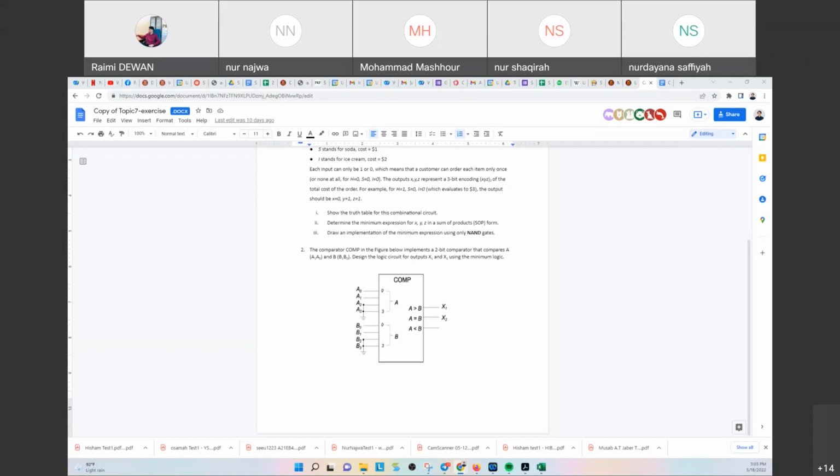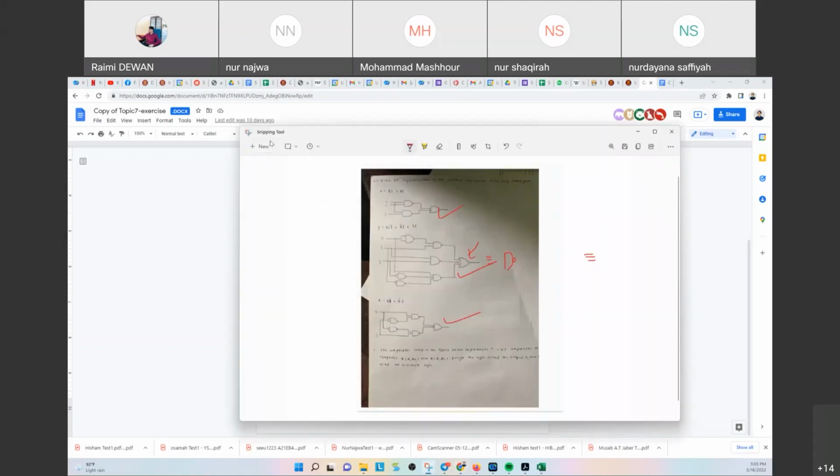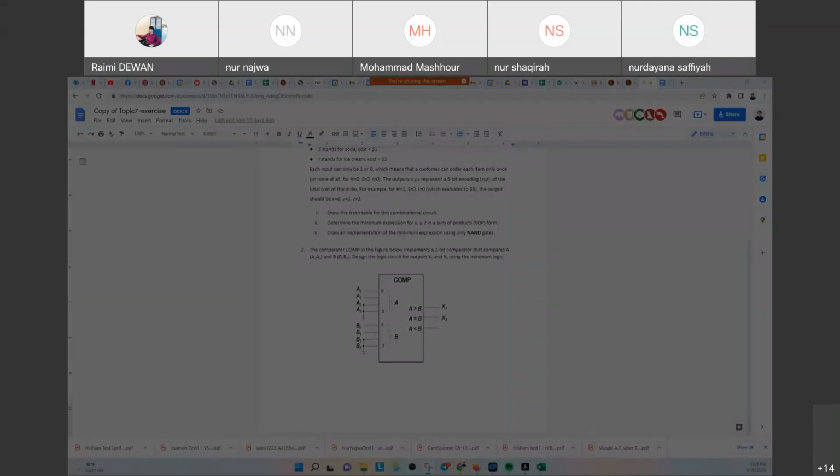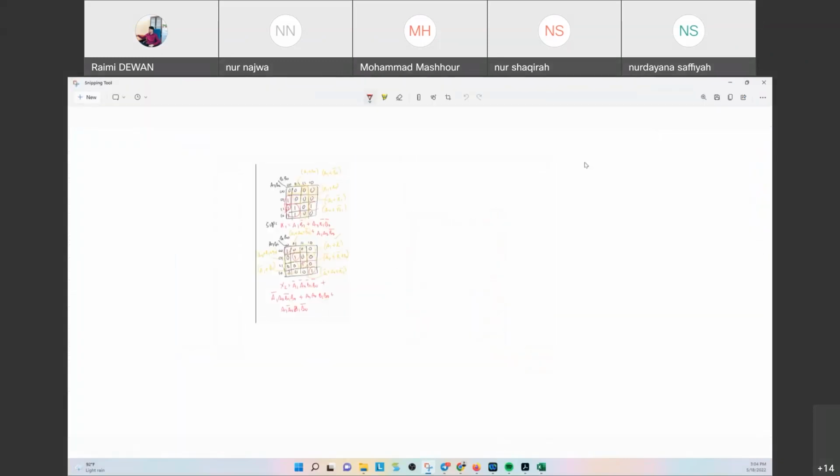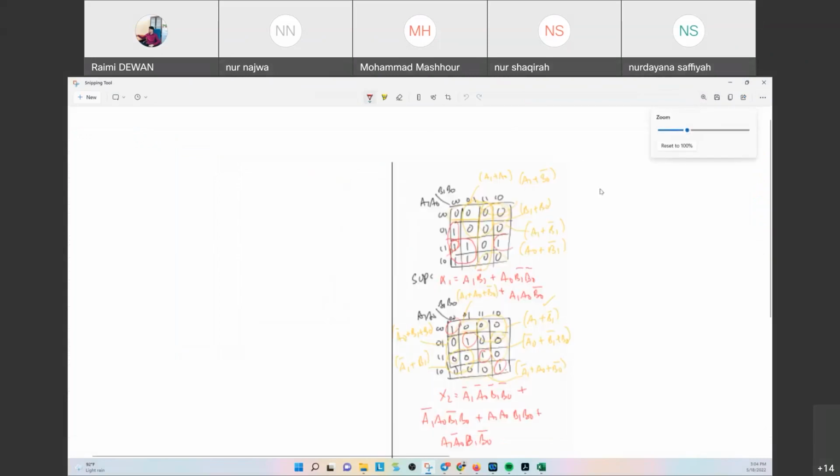Doesn't have design. But you can check this first. You can check your answer for K-map. Because if the K-map is correct, then it should almost agree with your logic design. You check your own K-map because K-map is one of the steps, right? I don't have the logic design.